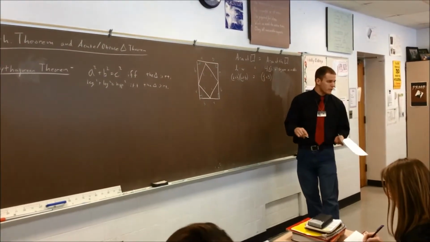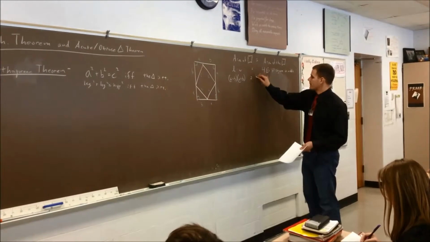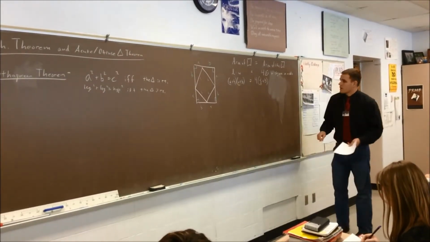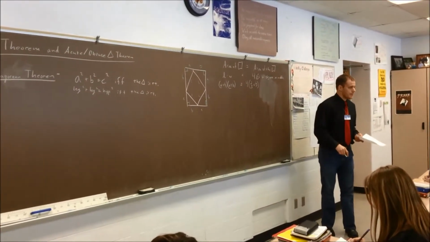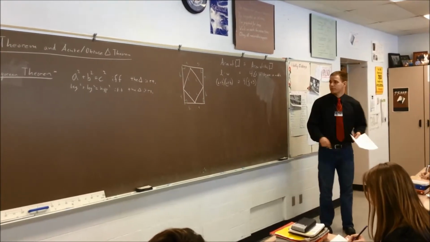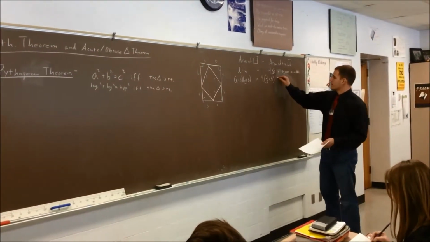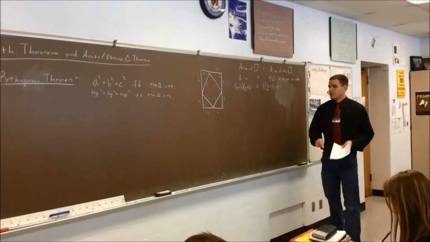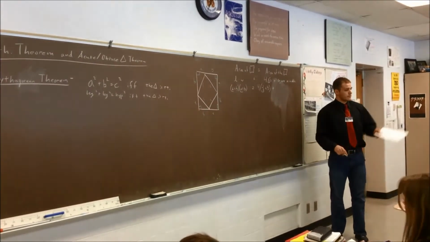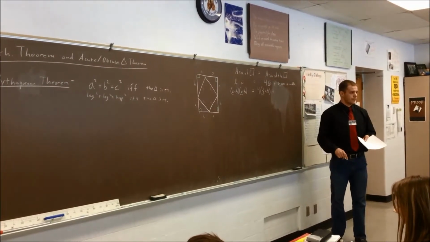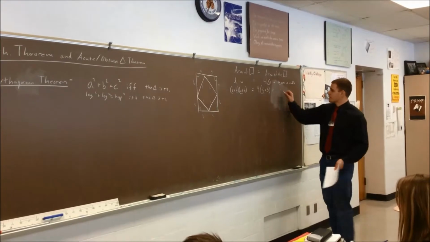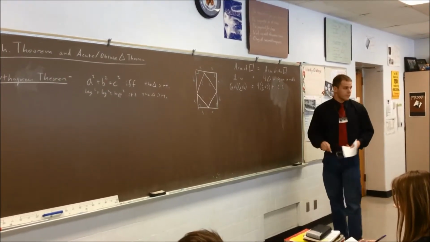But how many? We have 4 of those, right? All right, got 4 of those. And then we got a square in the middle, don't we? That's a square. Well, okay. So we got to find the area of the square in the middle. What's the area of that square going to be? Mr. Lewis? C times C. C times C, which is what? C squared.